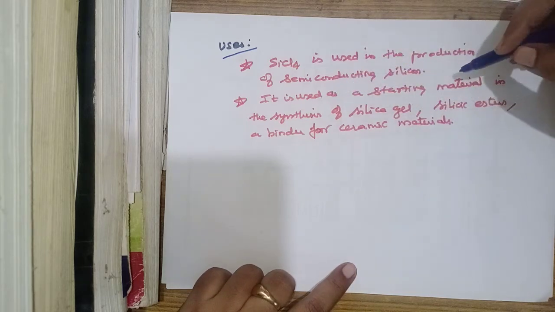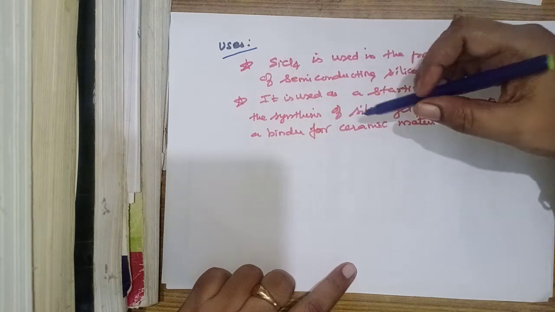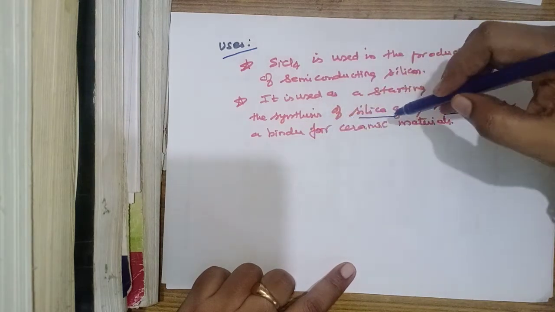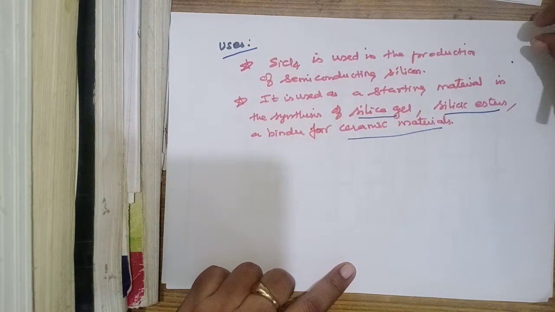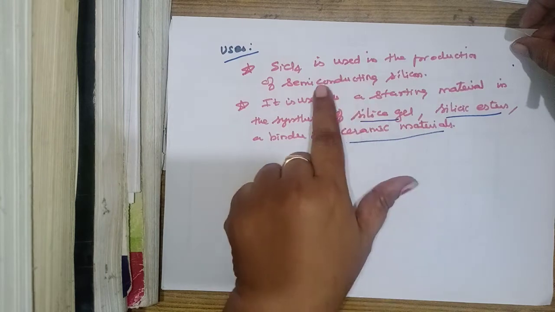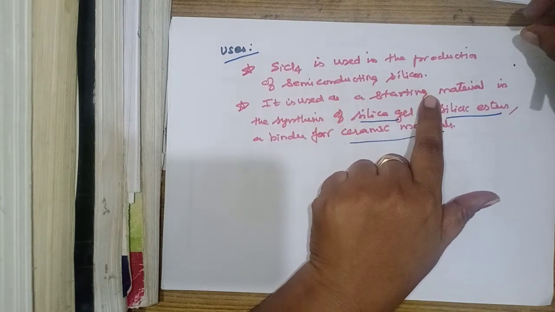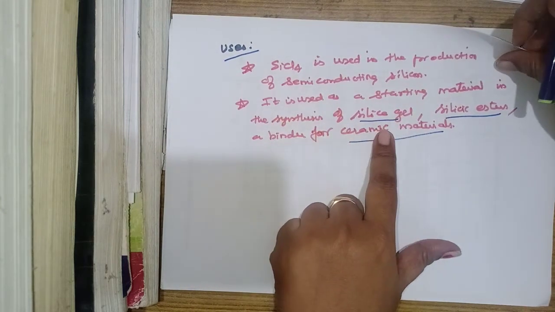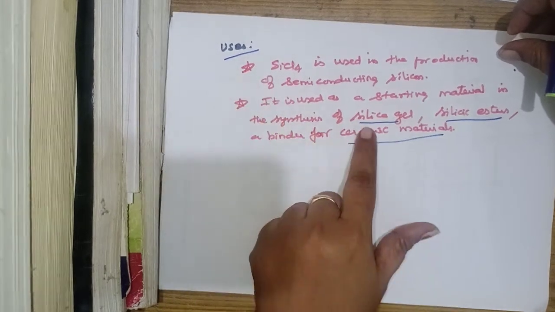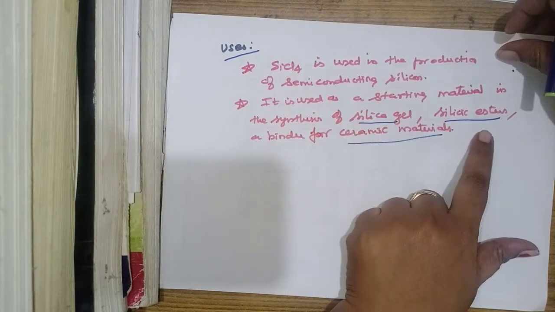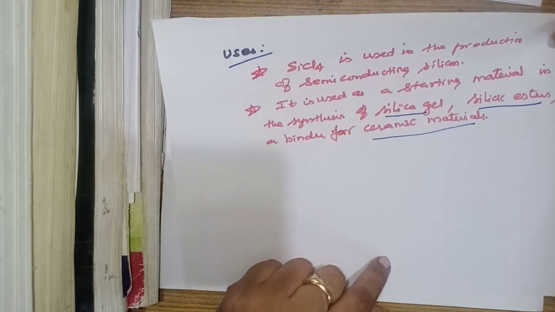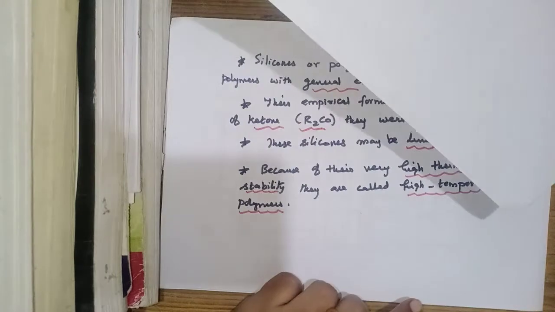It is used as a starting material in the synthesis of silica gel, silicon esters, and as a binder for ceramic material. So silicon tetrachloride is finished.